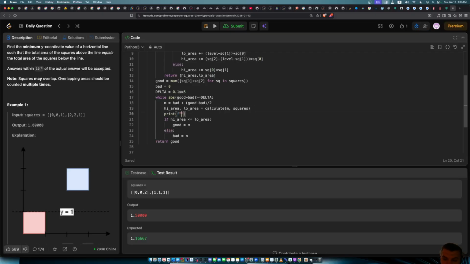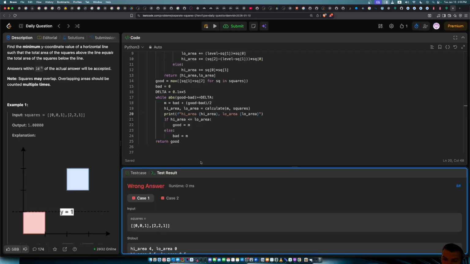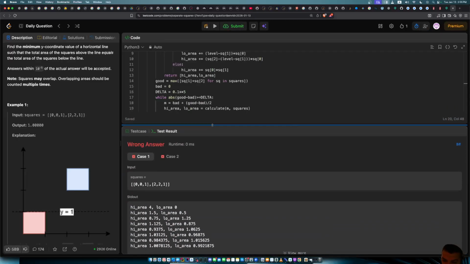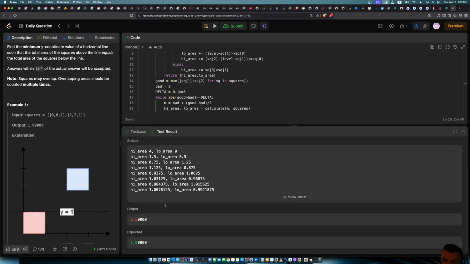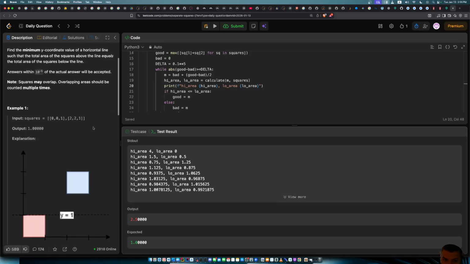Print format, then high area, and then low area. Good. Okay, let's check.